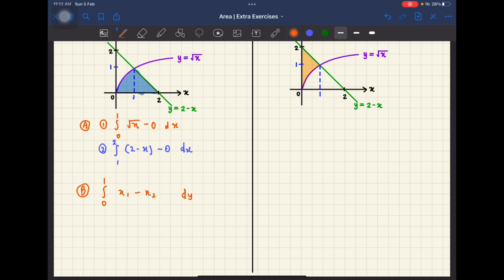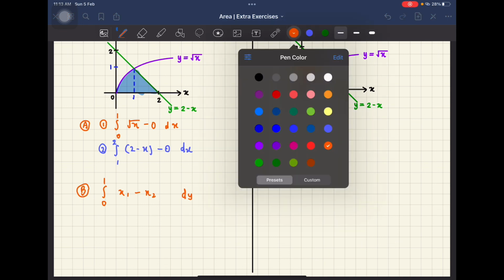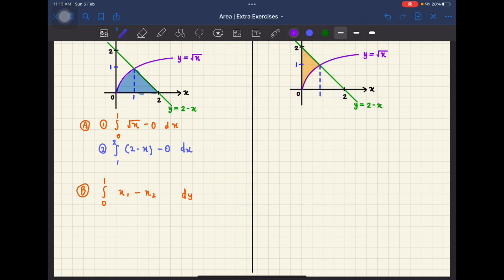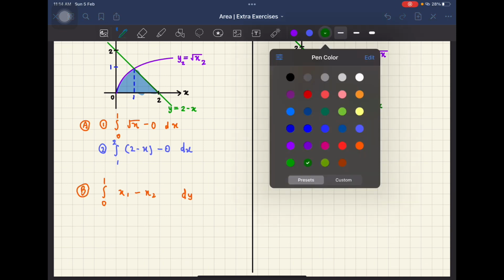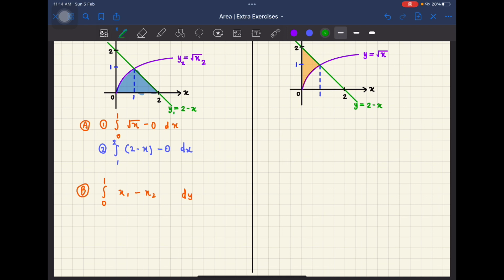So let's say lah yang warna purple adalah x2, ni y2. Okay, and then warna hijau adalah y1, x1. So kena jadikan x sebagai kita punya subjek. Okay, so for the purple one awak akan dapat x2 is equals to y squared.